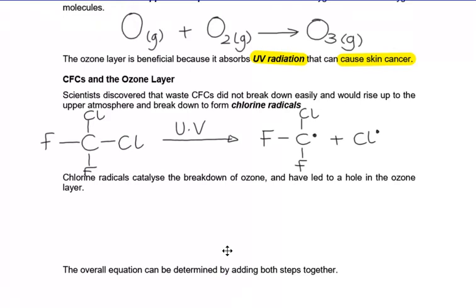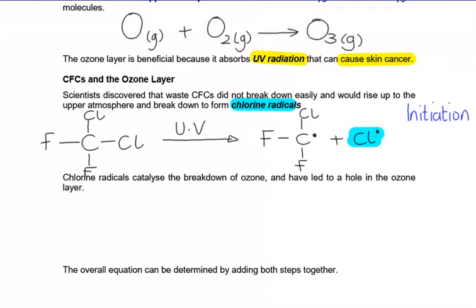And it's this chlorine radical that causes all the problems. Just like in our alkanes pack, this mechanism is a free radical mechanism, and just like in the alkanes pack, when we break this bond, we are initiating the reaction. This is an initiation step.